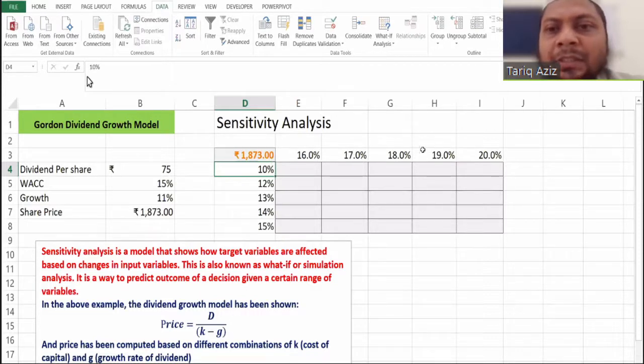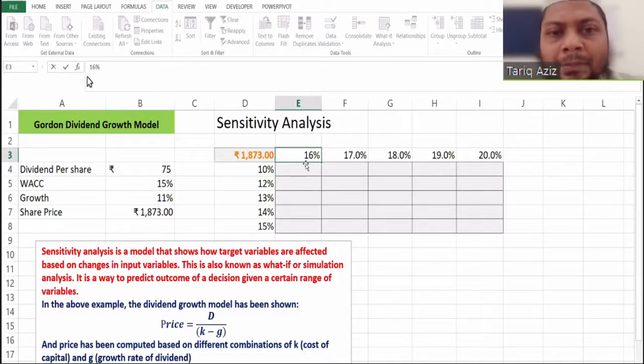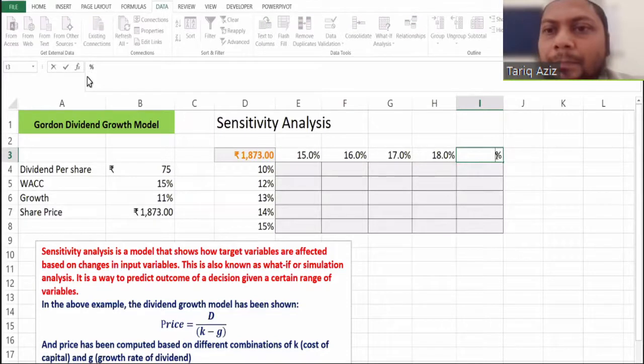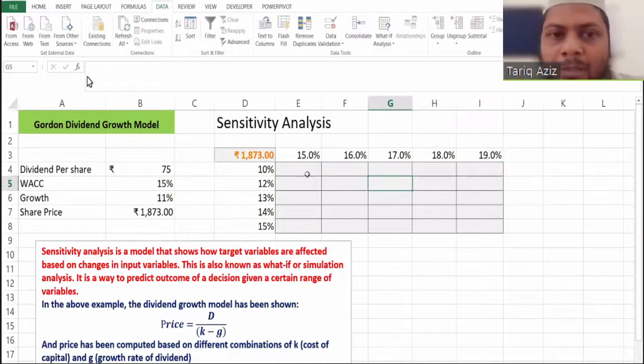So now let us try different combinations. In this row, the figures are actually the cost of capital. So let us change it to 15, 16, 17, 18 and 19. We are expecting that the cost of capital may range between 15 to 19.